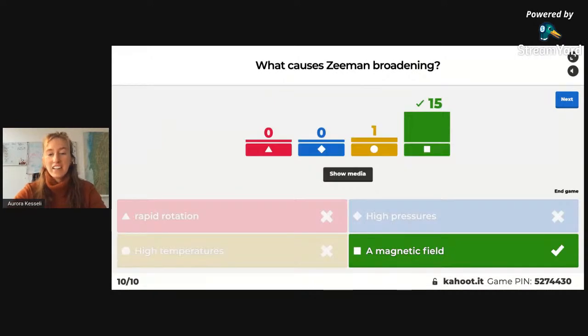All right, great. Zeeman broadening is caused by the magnetic field.